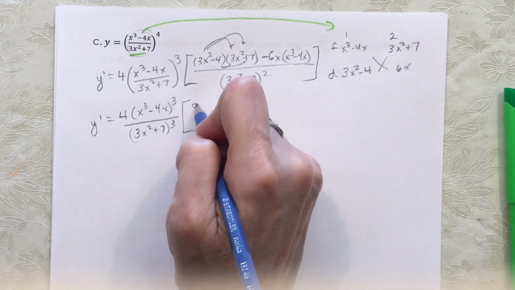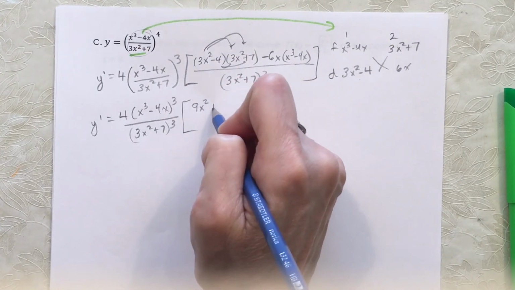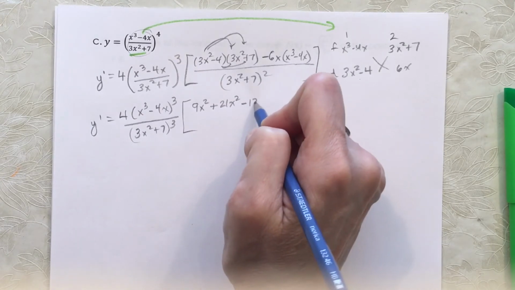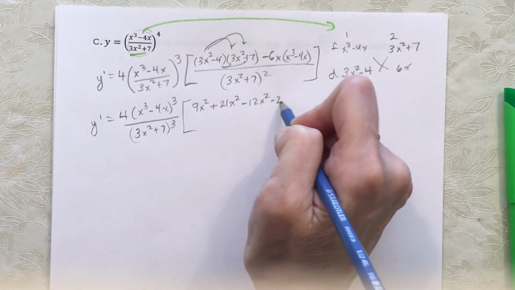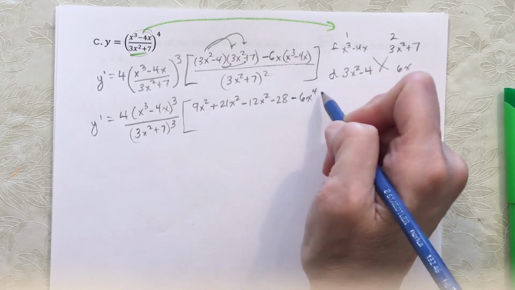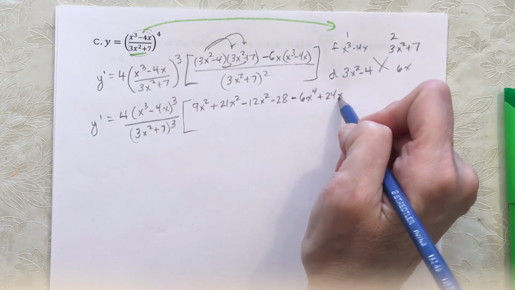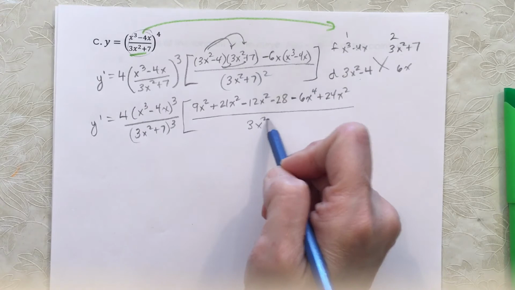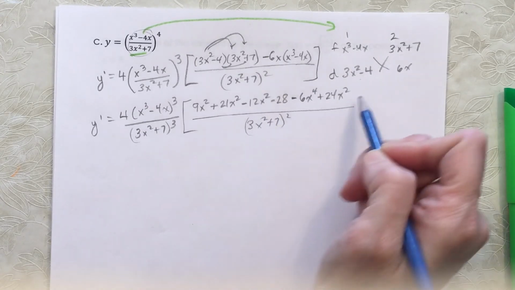So that's going to give me 9x to the fourth plus 21x squared minus 12x squared minus 28 minus 6x to the fourth plus 24x squared over 3x squared plus 7 all squared.